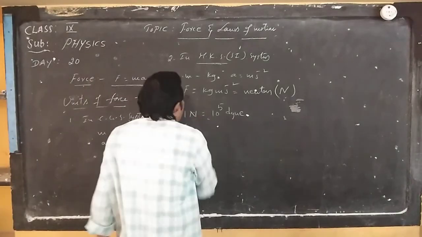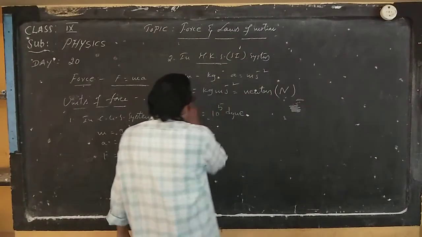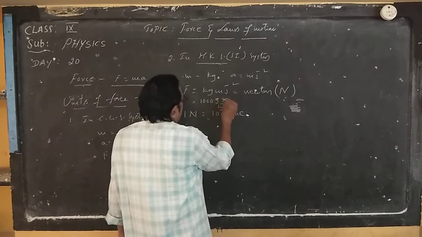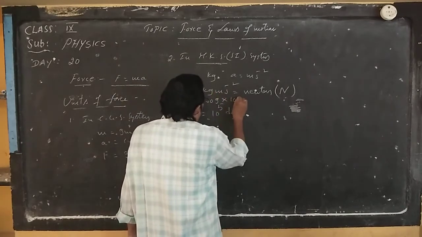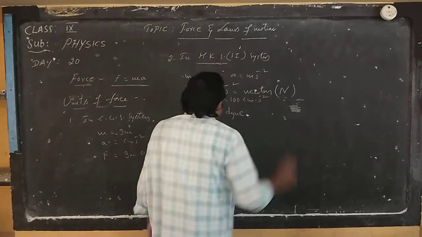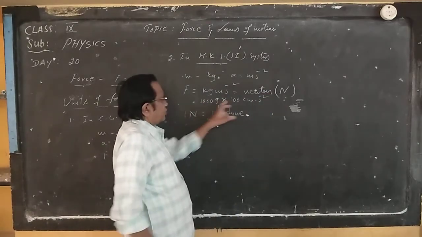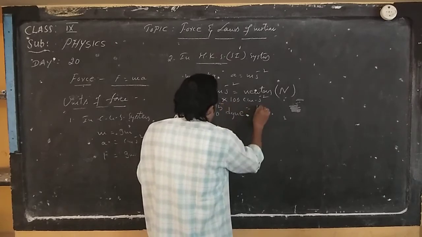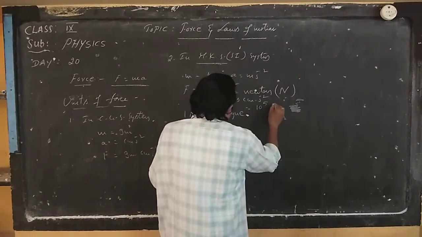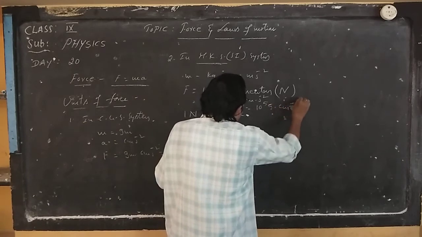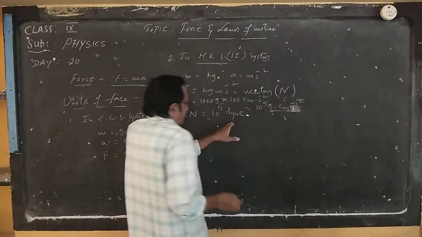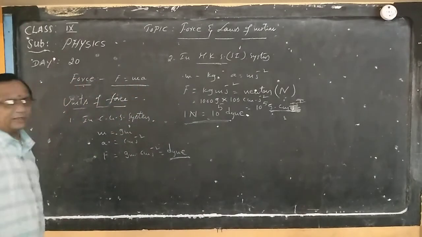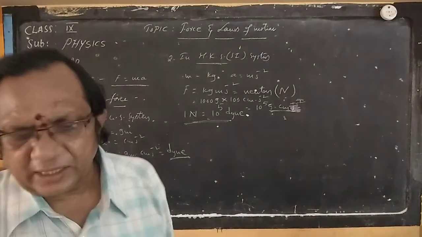So 1 kilogram means 1000 grams, into 1 meter per second square is 100 centimeter per second square. So 1000 into 100 gives 10 to the power of 5 gram centimeter per second square. Gram centimeter per second square is equal to dyne. That's why 1 Newton is equal to 10 to the power of 5 dynes.